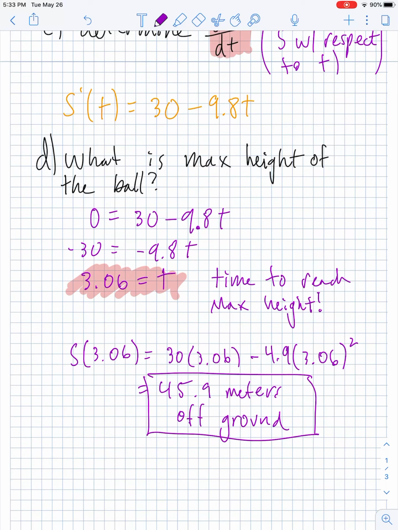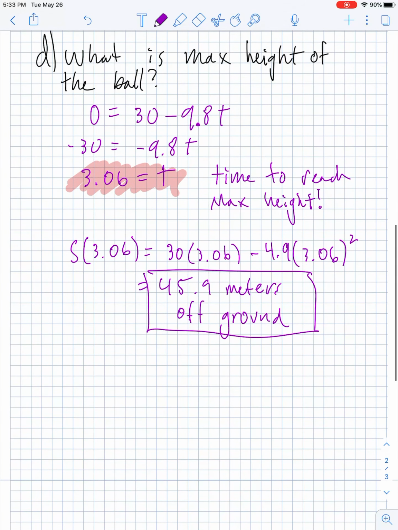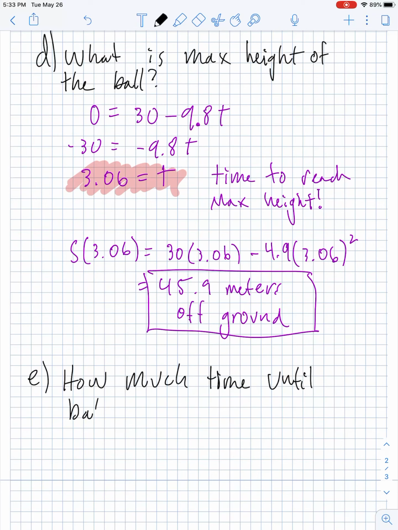Yes, that's that part. How much time will elapse before the ball returns to the ground is the last question they ask. There's two ways to do this. How much time until the ball hits the ground? Well, when the ball hits the ground, it's got a height of 0, so you could set the OG formula equal to 0 and then bust out some quadratic tricks.